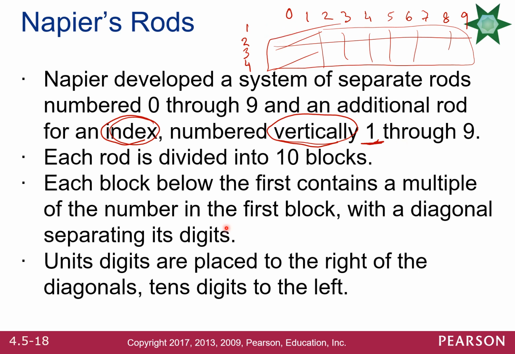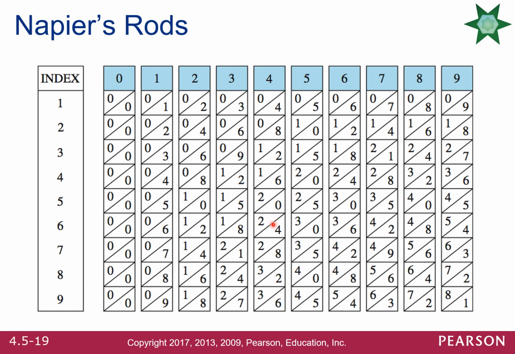All right, so let's go into the next slide and look at a picture of what the Napier's rods look like. So here's a picture of the table that Napier came up with, also called Napier's rod. Across the top row, we see values listed from 0 through 9. And on the leftmost column, separately, we have what's called the index, and the index values start from 1 all the way to 9.